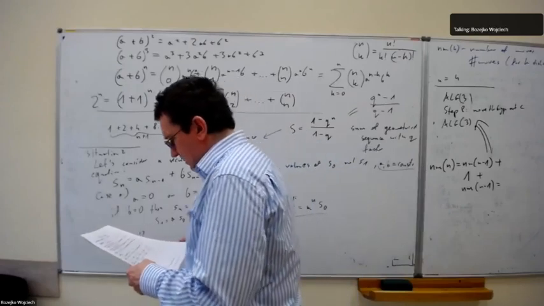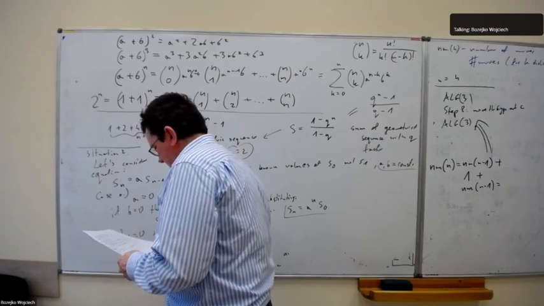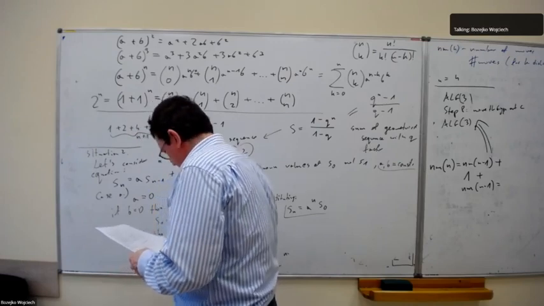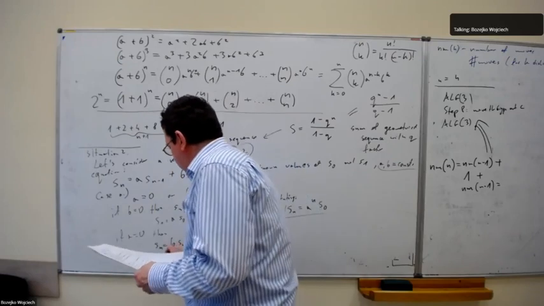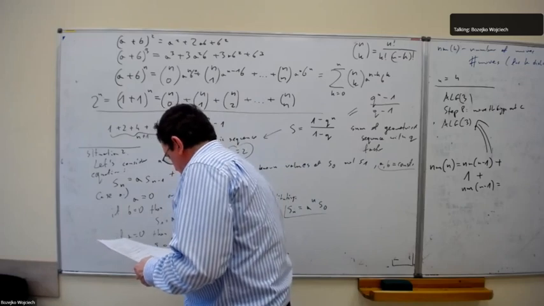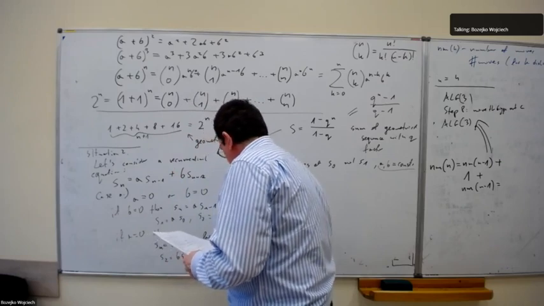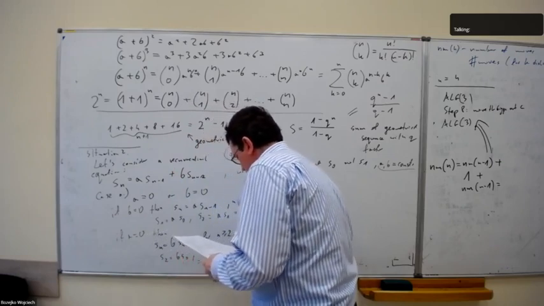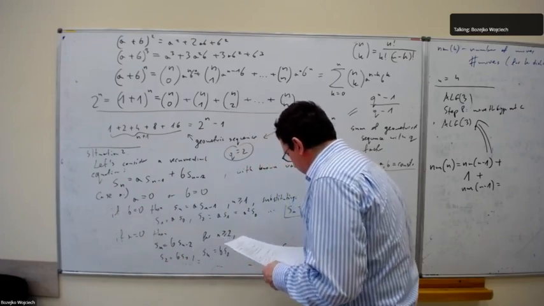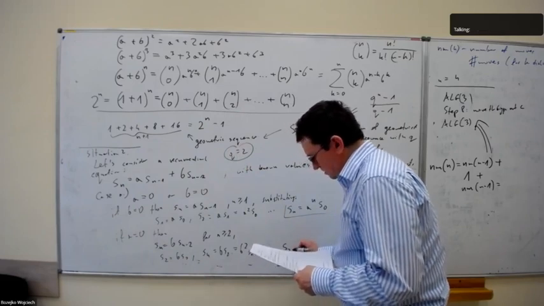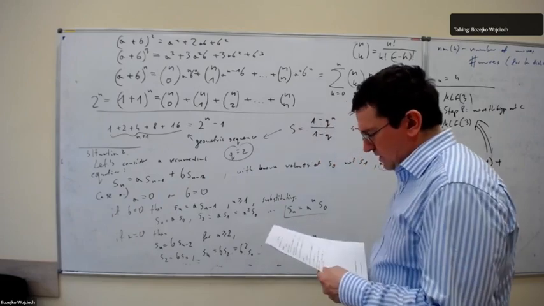So Sn is b times Sn minus 2 for n greater or equal to 2. So we can write that S2 is b times S0, S4 is b times S2, and so this is b squared times S0. And finally, we obtain that with the index 2n, S is b to the power of n times S0.